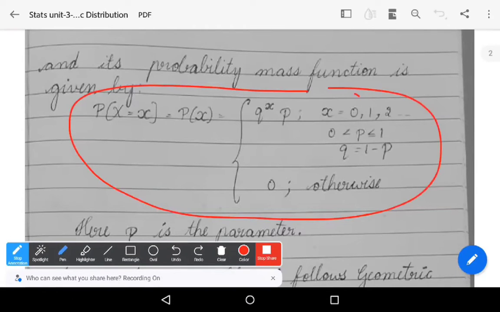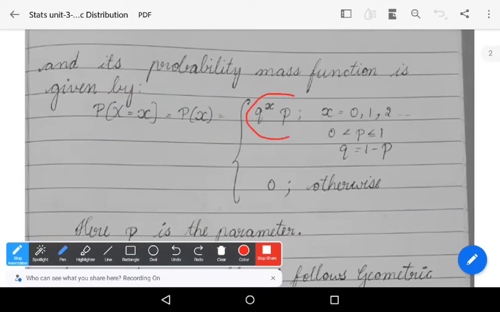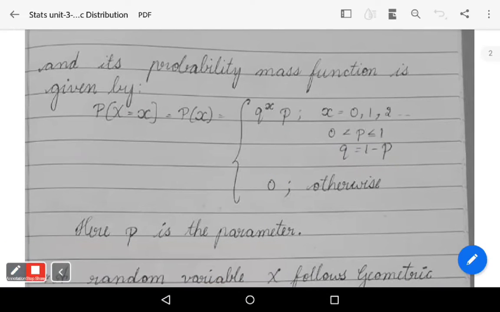P of X, the probability of capital X equal to small x, is equal to Q power X into P, where X varies over 0, 1, 2, and so on, and P lies between 0 and 1, Q is equal to 1 minus P. Remember that 0 less than P less than or equal to 1, and Q is equal to 1 minus P. And P of X is equal to 0 otherwise, where P is the parameter.